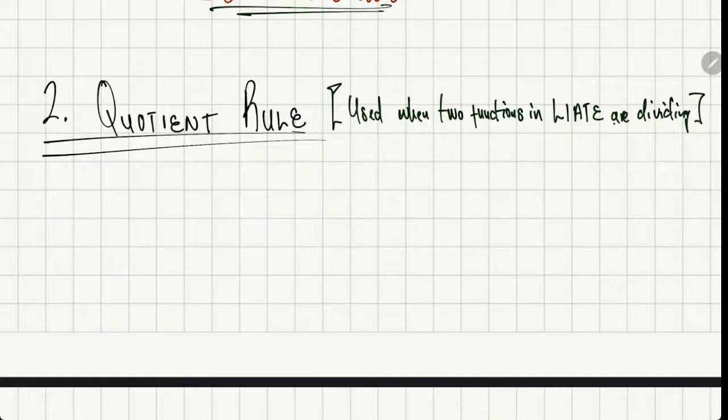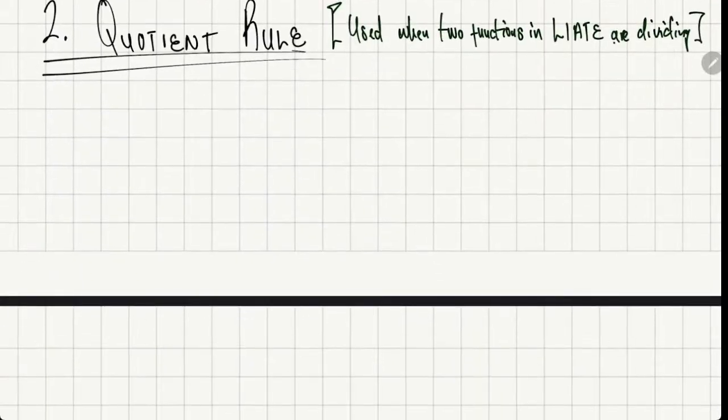This you will use if you ever get two functions dividing. E.g., y is equal to e to the x over sine x.